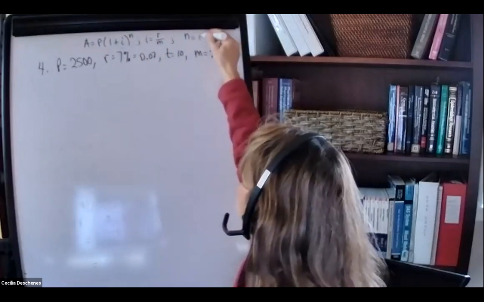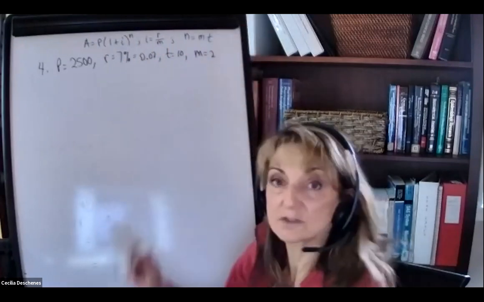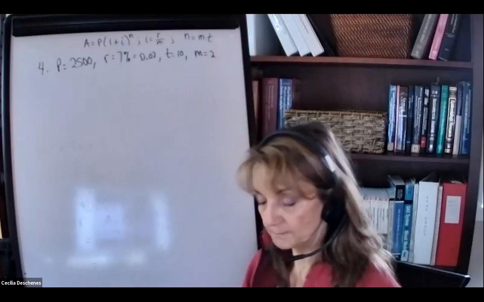So that's going to be the number per year times the number of years, or m times t.